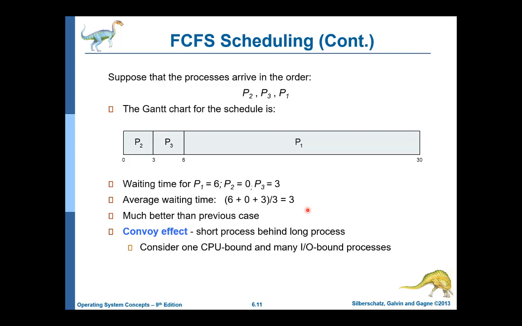An IO bound process has many CPU bursts, but each burst is very small. So this is what we need to consider when we design the algorithm: if a CPU bound process is before the many IO bound processes, those IO bound processes will be waiting.